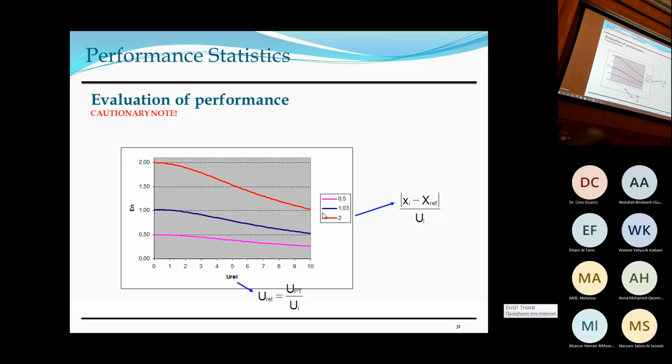What I have plotted here is the En number on the vertical axis. And over here I have the relative uncertainty, the fraction of UPT over U of the participant. I'm considering up to 10 times larger. So UPT becomes up to 10 times larger.